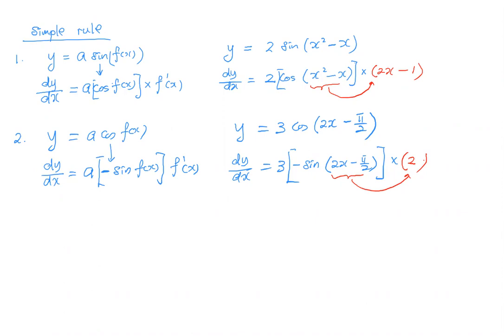Okay, can I give you another example? So chain rule, product rule, you see how you go. Now if I ask you to find the derivative of this, what rule should I use?